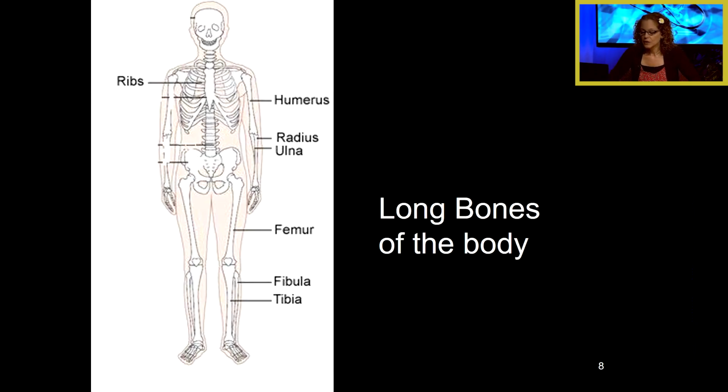Here are just some examples of some of the long bones in the body. We can see the humerus here in the arm, the radius and the ulna, the femur, the fibula, and the tibia, as well as the ribs.